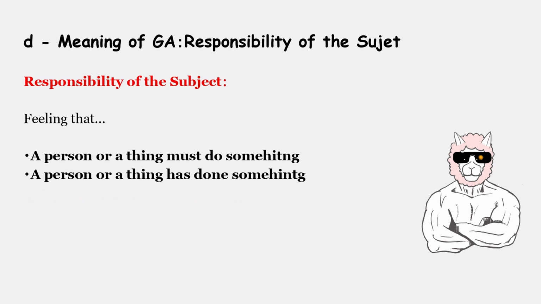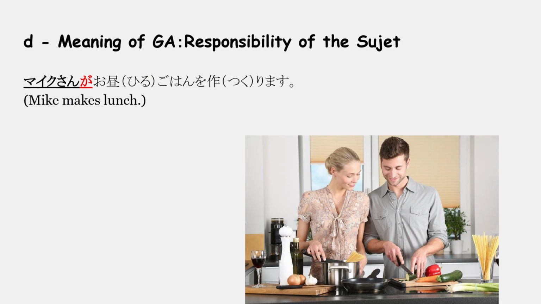And the last one, ga of the responsibility of the subject. Well, the responsibility of the subject here means the feeling that the person or the thing must do something, that the person or the thing has done something. For example, listen to this phrase, マイクさんがお昼ご飯を作ります.